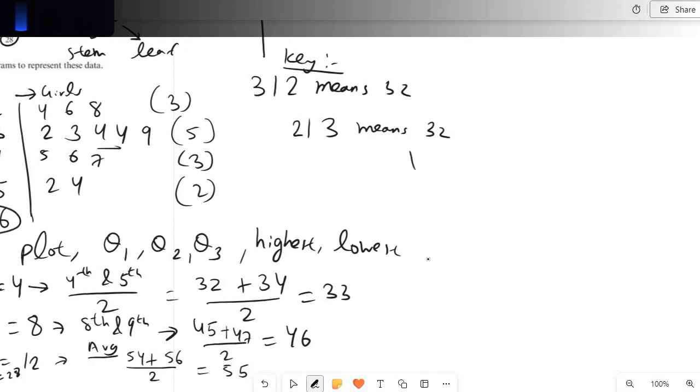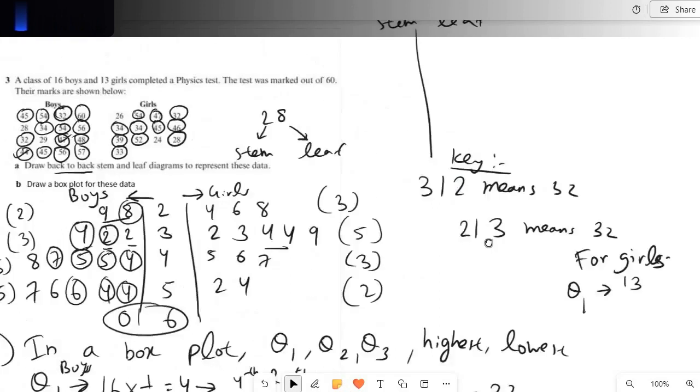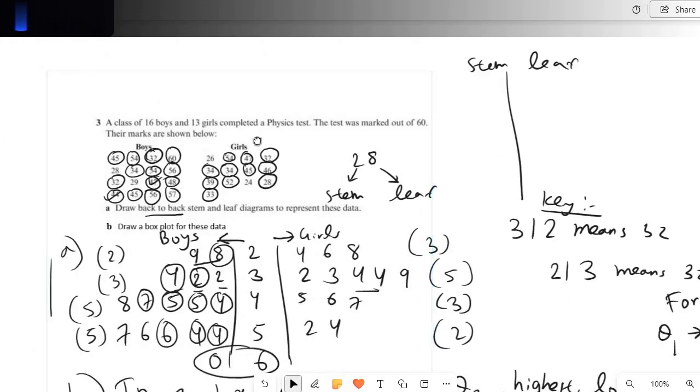For girls, we can say that the lower quartile is going to be n divided by 4. In this case, n is 13 here because there are only 13 girl students in this sample.